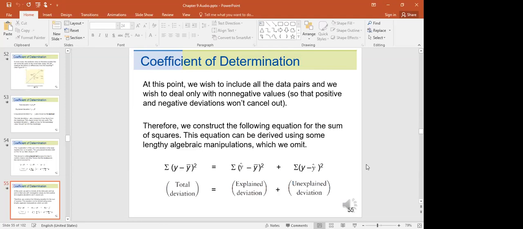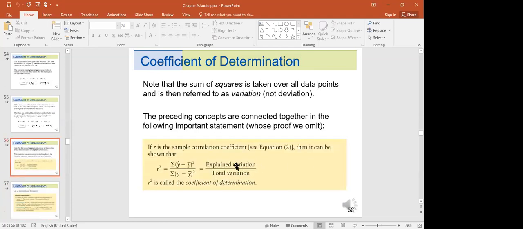All those I'm just explaining, we will go back to Excel to see the numbers. R square is explained variation divided by total variation. And that is what we are calling the coefficient of determination.